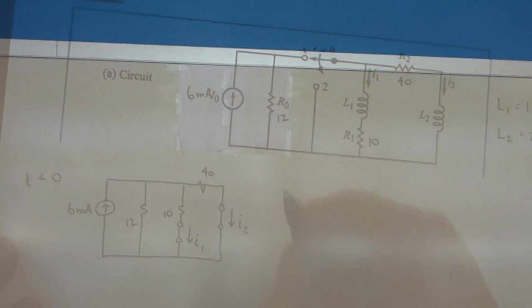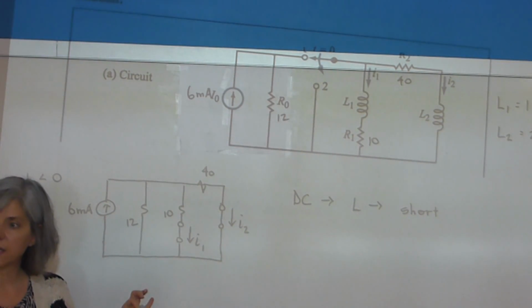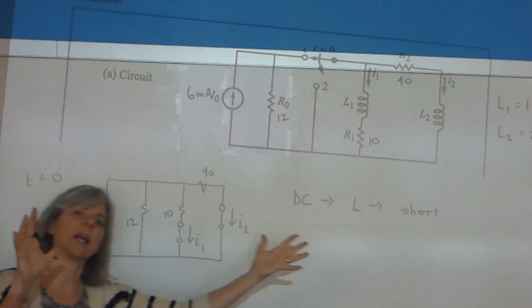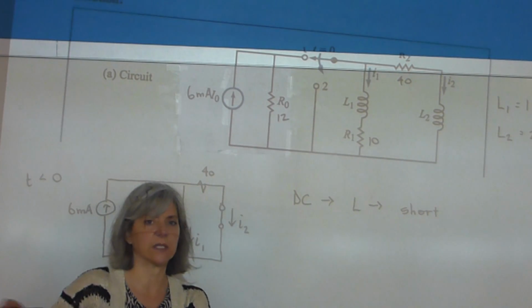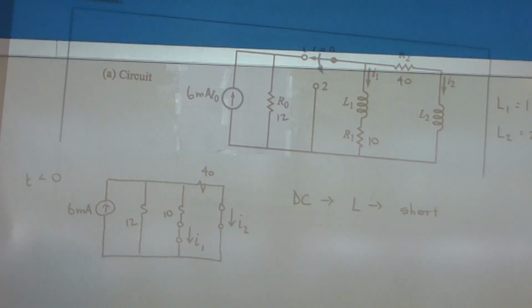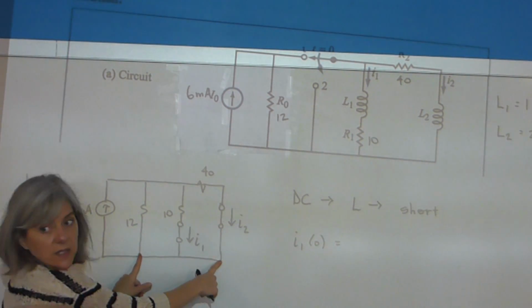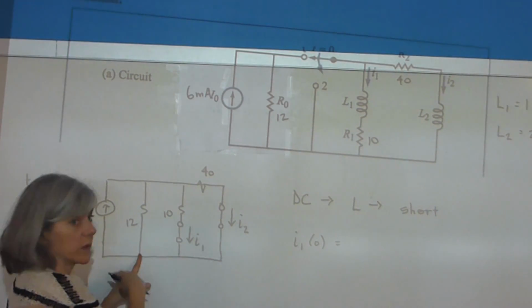All right, so again, the reason we've done this is that at DC, the inductor becomes a short. We're finding I sub L at 0 minus because I sub L, the current through the inductor, is what does not change. So I sub 1 of 0 minus is going to use current division. 12 in parallel with 40 is one branch.